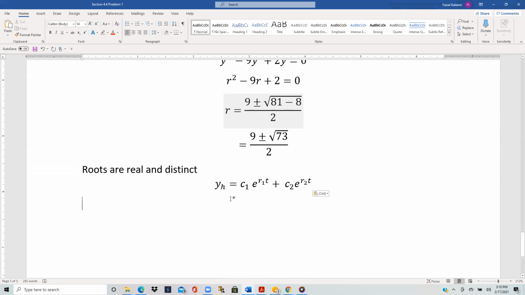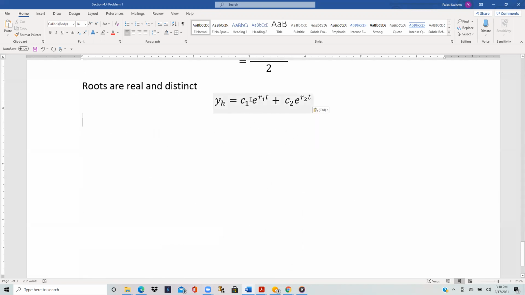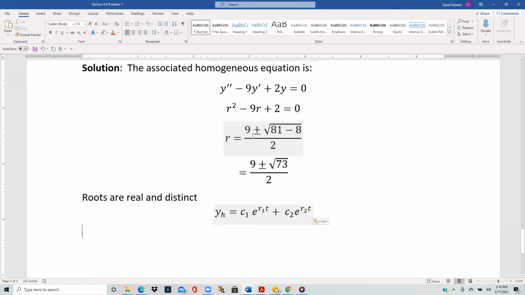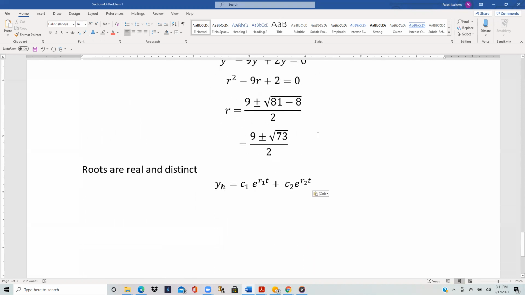So yh would be C1 e to the r1 t plus C2 e to the r2 t, where r1 would be this one with the plus sign, 9 plus square root 73 by 2, and r2 would be 9 minus square root 73 by 2. And this one is xe^x. And so none of these, after we substitute, will be of the xe^x form. Therefore, we can safely say these terms do not match.